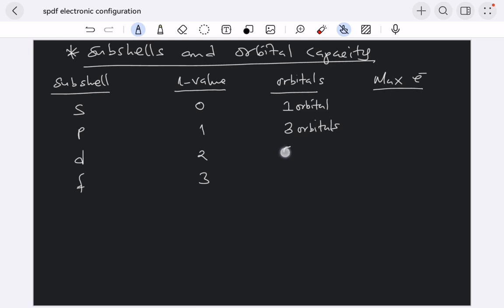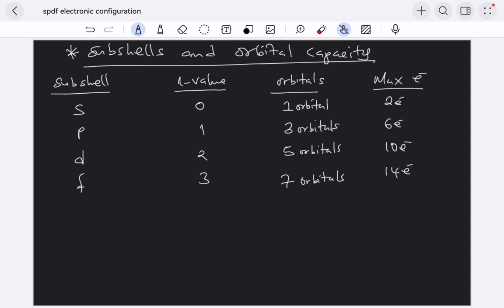For the d orbital, we have 5 orbitals. Then for the f orbital, we have 7 orbitals. Then in terms of the maximum number of electrons that they can occupy, the s orbital can occupy the maximum of 2. The p orbital can occupy the maximum of 6. The d orbital can occupy the maximum of 10. And the f orbital can occupy the maximum of 14.